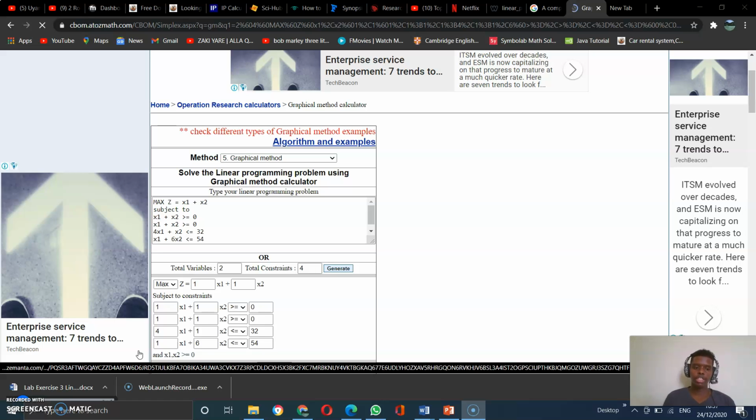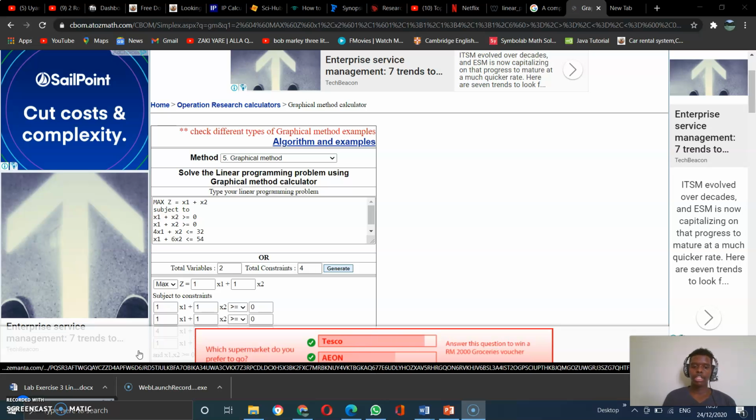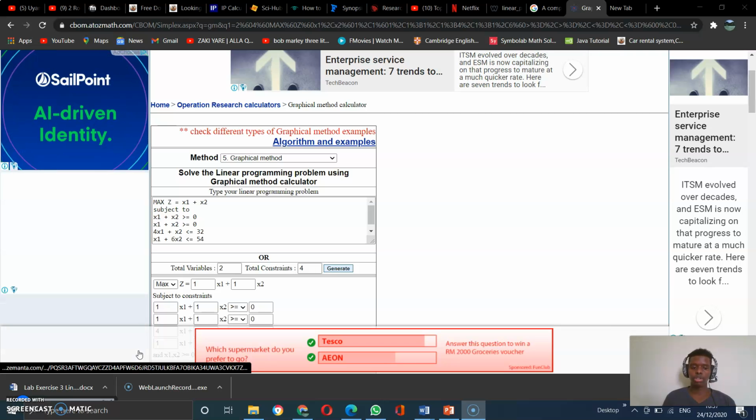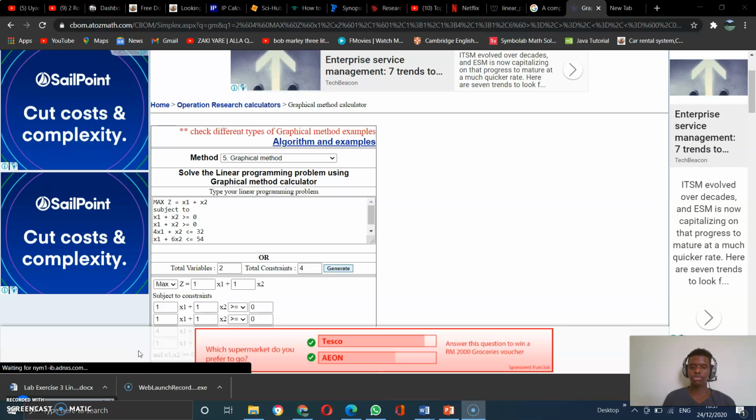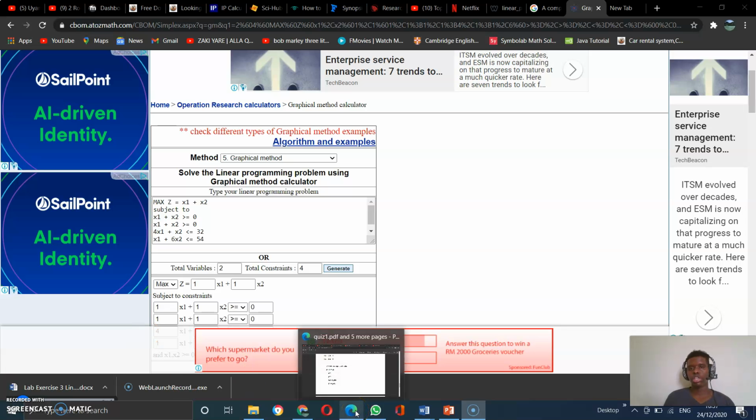Sorry, I mean the maximum number of gallons he can make is 14, with 6 gallons of color A and 8 gallons of color B.